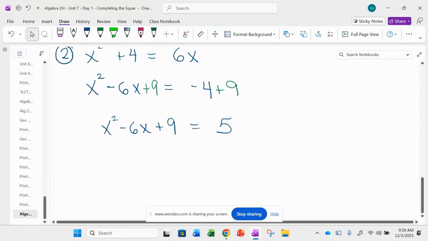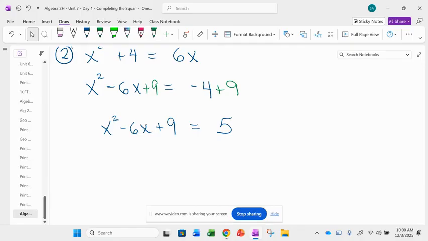So now, once we get our trinomial on the left side, it will always be able to be factored, and it will always factor into some quantity squared. In this scenario, what's it going to be? X minus 3 quantity squared equals 5. Now we are going to solve by taking the square root method.